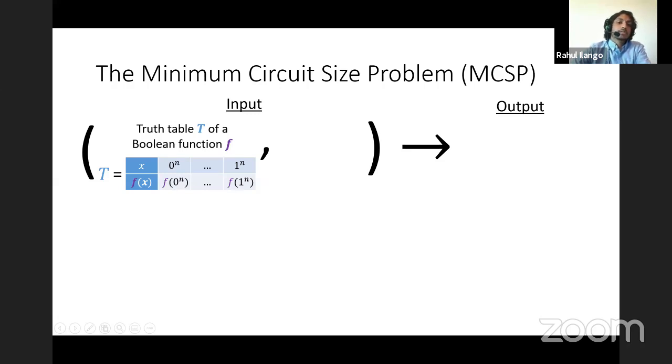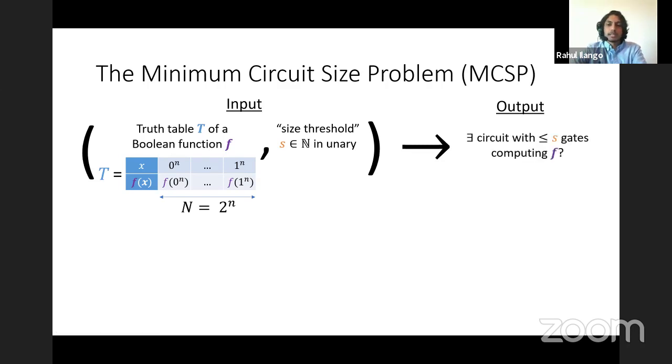Note that this string is going to be of length 2 to the n, because the function has n inputs, and it's the list of all the values the function takes. It's also going to take some size threshold, which represents what complexity you're asking about. And it's going to ask, does there exist a circuit with at most S gates that computes F?